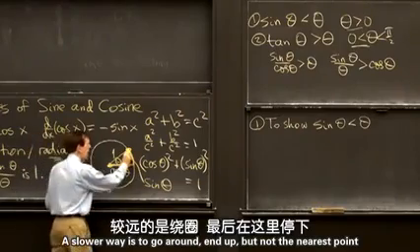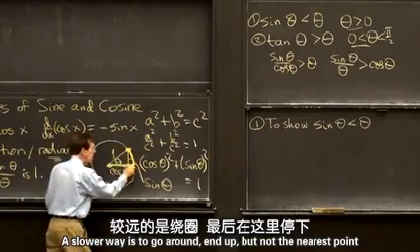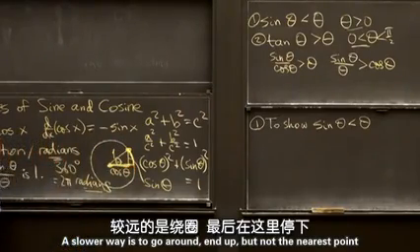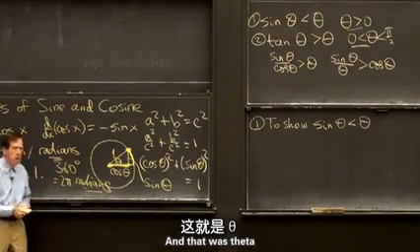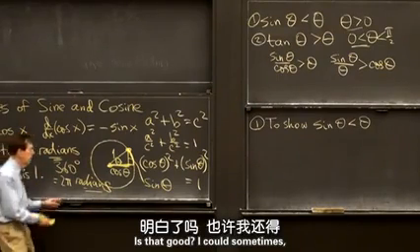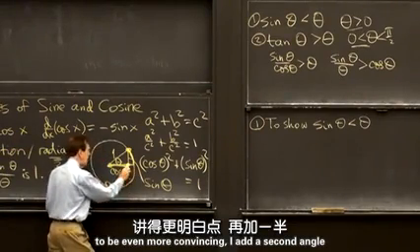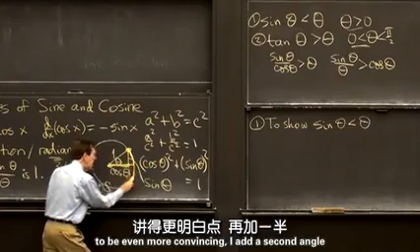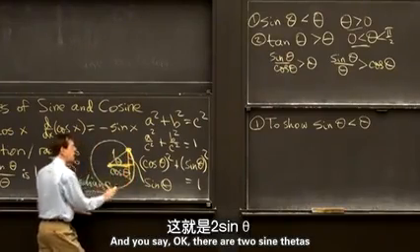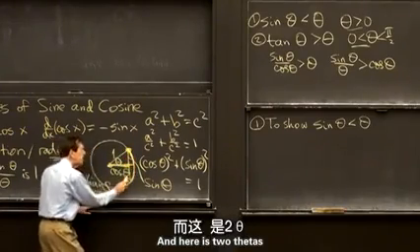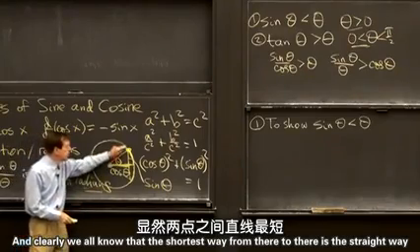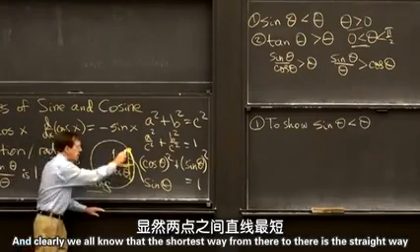A slower way is go around, end up at not the nearest point, and that was theta. Is that good? Sometimes, to be even more convincing, you add a second angle and you say, okay, there's 2 sine thetas and here's 2 thetas, and clearly we all know that the shortest way from there to there is the straight way.